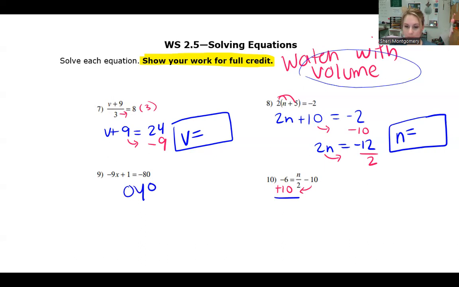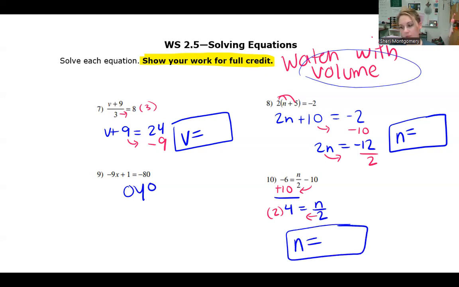So 10 minus 6 equals n divided by 2. Ooh, one simple step. I'm dividing by 2, so over here I can multiply by 2. Easy peasy. So I end up with n is equal to 2 times 4. 2 times 4 is easy. It's 8. Good job.